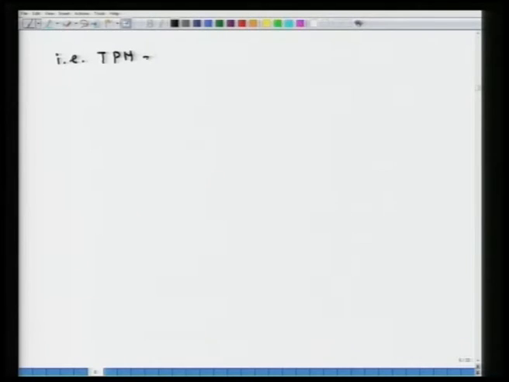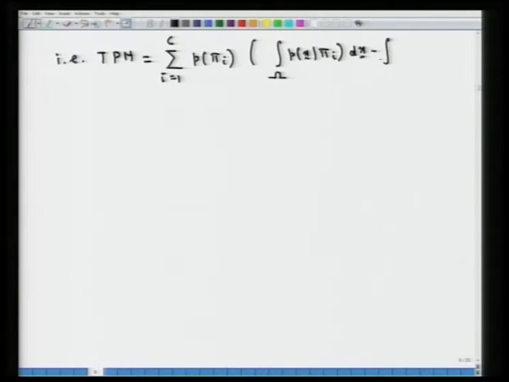This total probability of misclassification is equal to summation i equal to 1 up to c of p of pi i into the integral over omega of p of x given pi i dx, minus the integral over Ri of p of x given pi i dx.